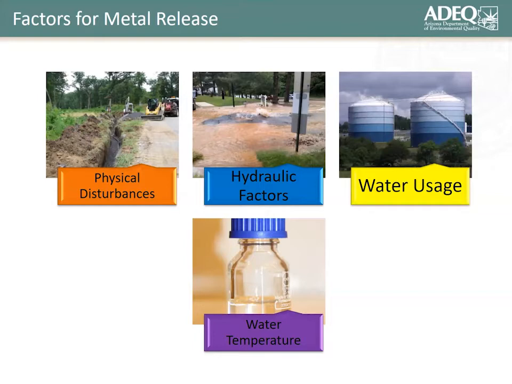So, the same types of information we give water systems to prevent Legionella from occurring, flushing and moving your water, is the same type of information we're giving to our water systems to also lower the impact of lead and copper release. And water temperature also has a very big component in metal releases.